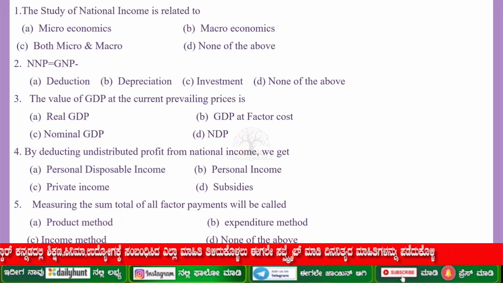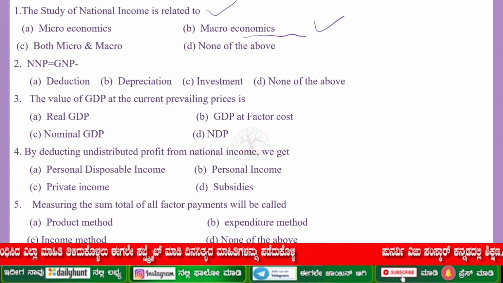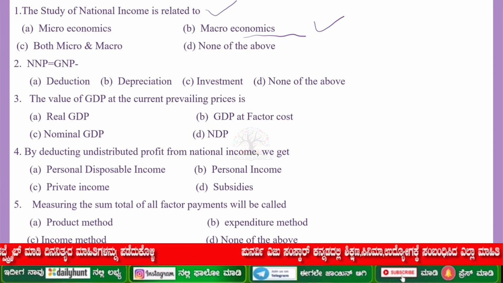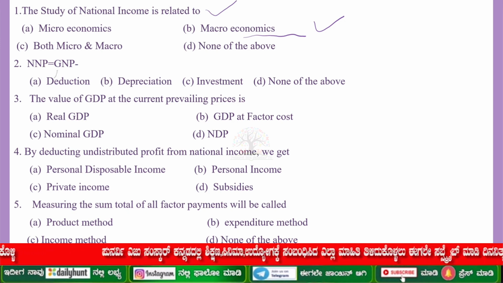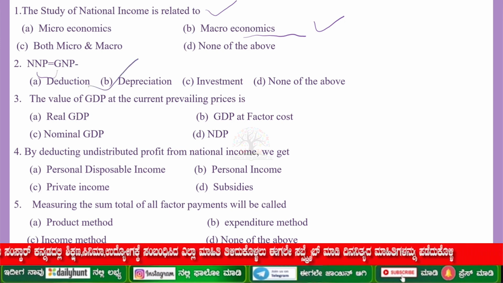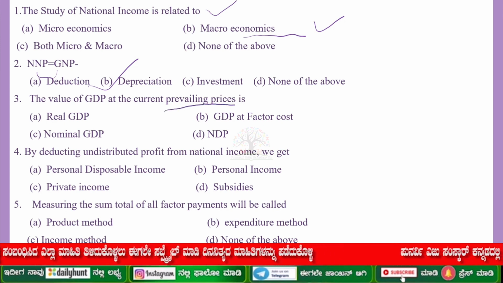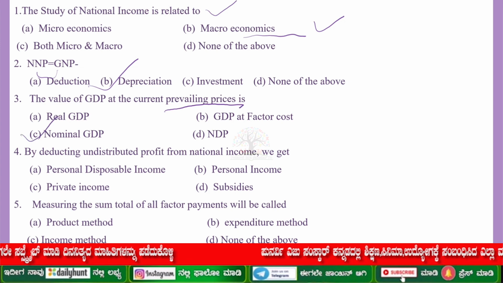The study of national income is related to macroeconomics. NNP equals GNP minus depreciation, since we have to convert gross into net. The value of GDP at current prevailing prices we call nominal GDP.